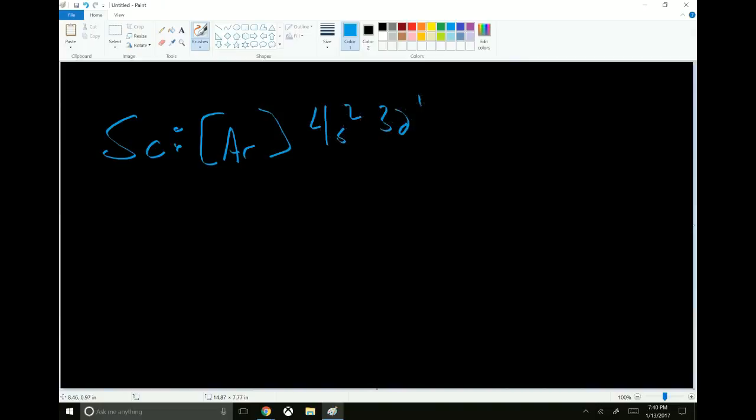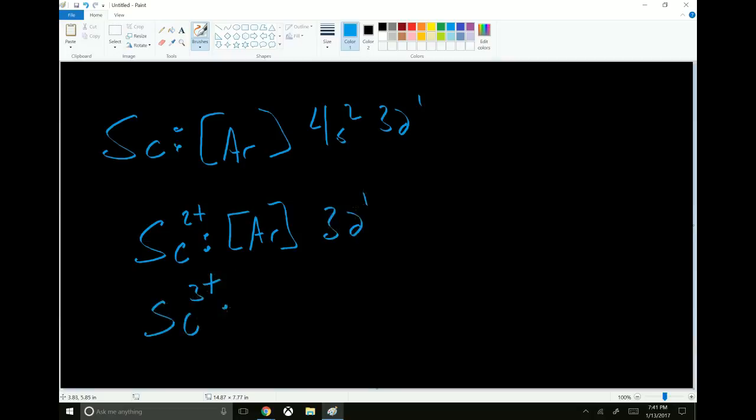So it can form either scandium 2+, in which case it loses both of its s electrons, leaving it with just a d electron, or it can form scandium 3+, in which case it also loses its d electron.